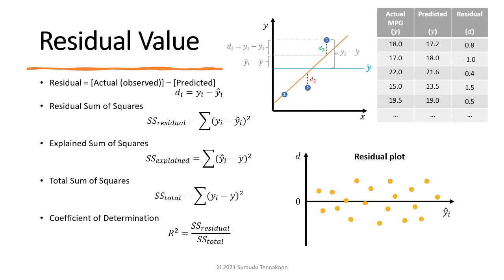You take the difference, square it, and sum all the values. That is the total sum of squares. The coefficient of determination, which we already saw in our previous slide, is one way of measuring the goodness of your fit. R square is the residual sum of squares divided by the total sum of squares, so you can get the coefficient of determination using this method.